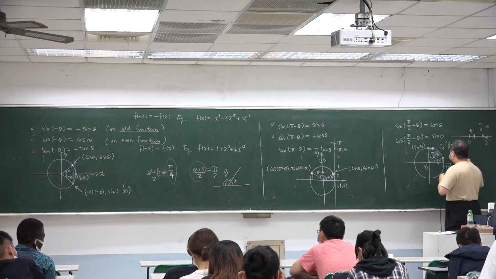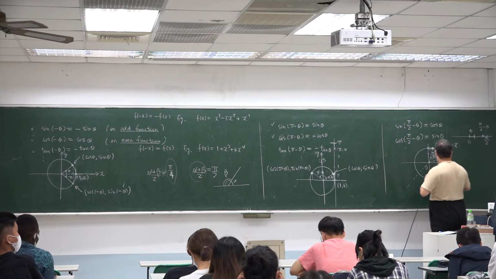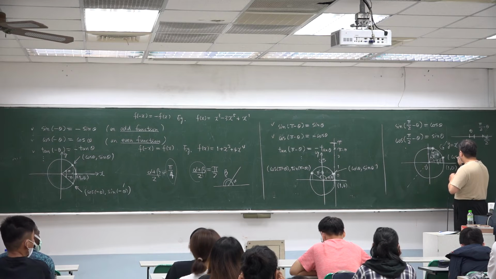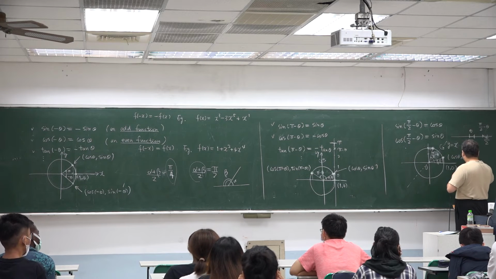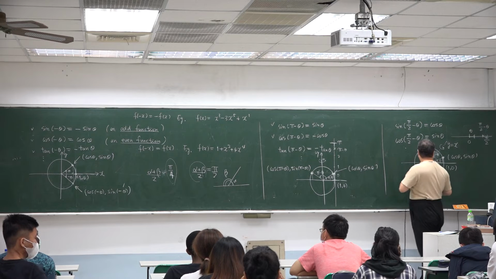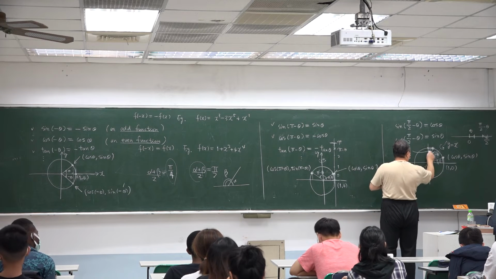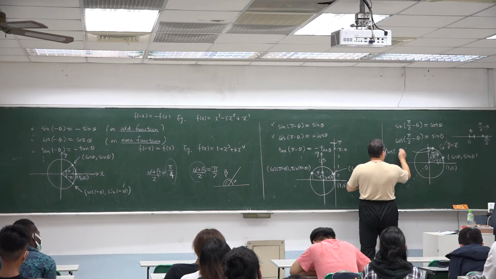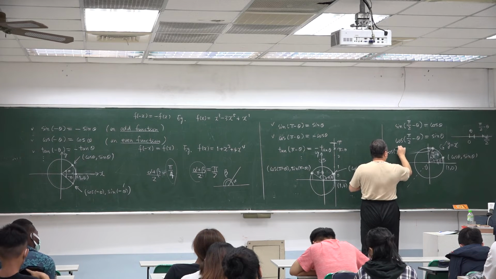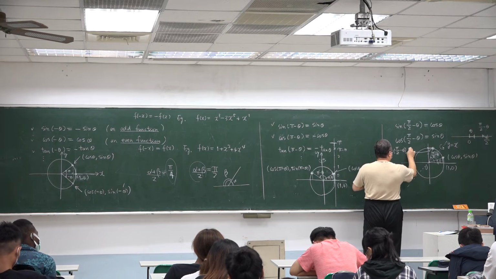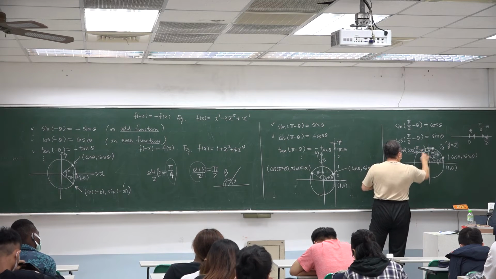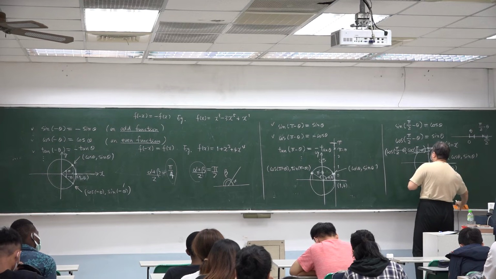Okay, the coordinates of this point are cosine theta, sine theta. Similarly, the coordinates of this point can be expressed in terms of this angle, half pi minus theta: cosine half pi minus theta, sine half pi minus theta.